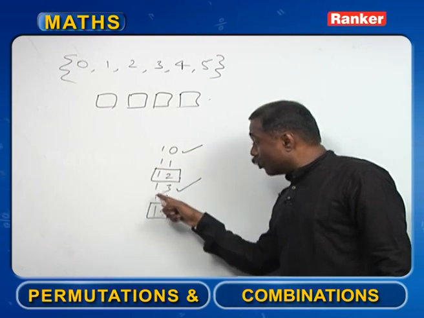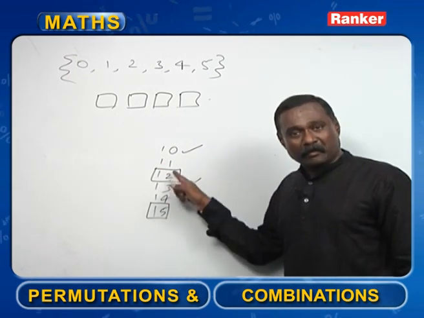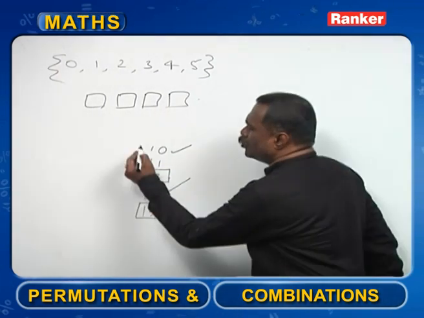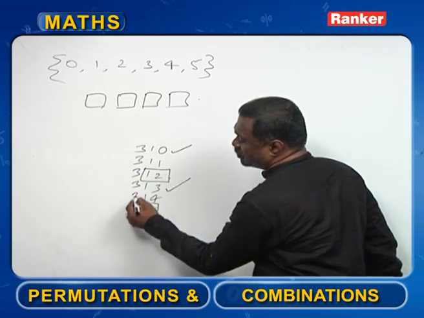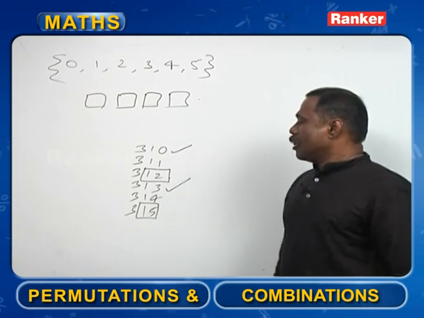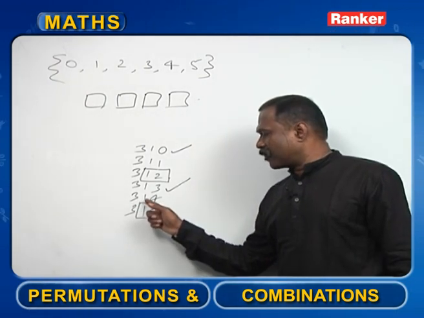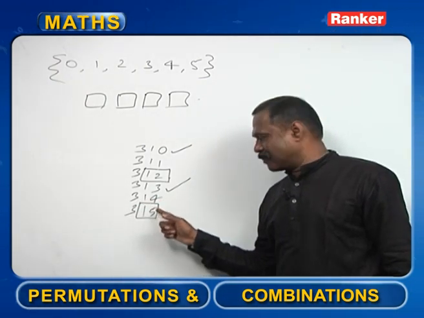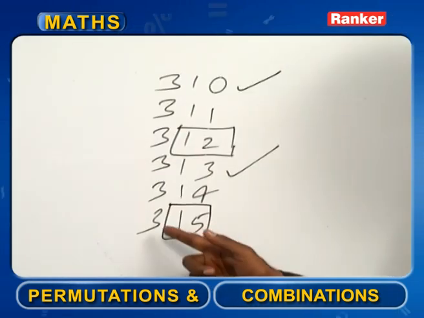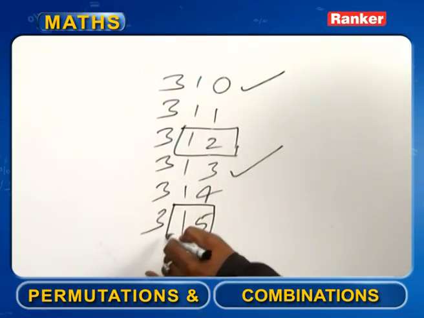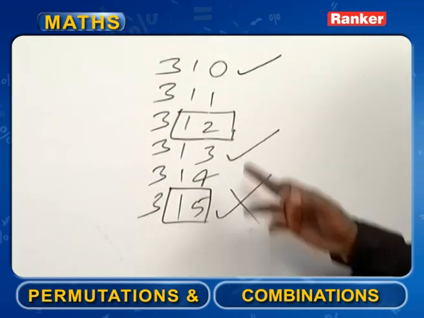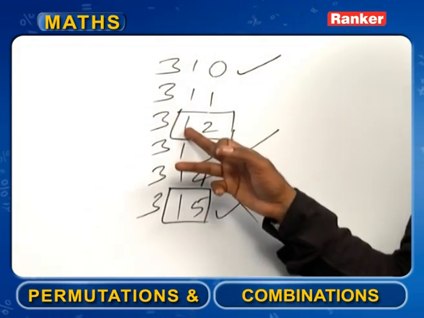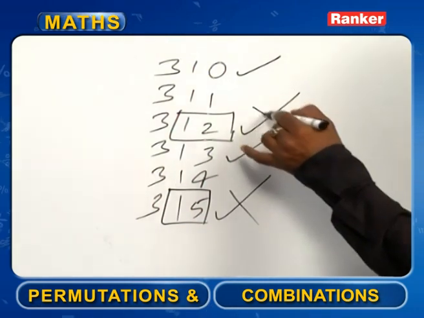In the two-digit case also, you got two numbers divisible by 3. And you give another number, whatever you like, but it should be consecutive. If you say this one, 3 plus 1, 4 plus 4, 8, not divisible. 6 plus 3, 9, it is divisible again. And if you say this one, 3 plus 1, 4 plus 2, 6, it is divisible again.